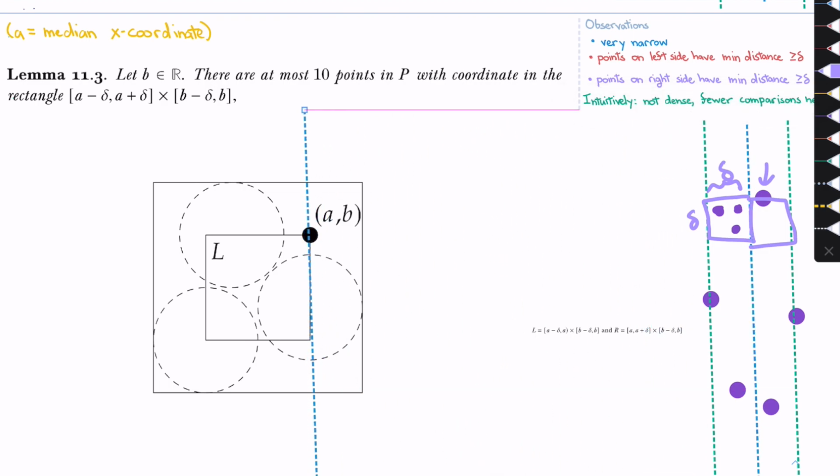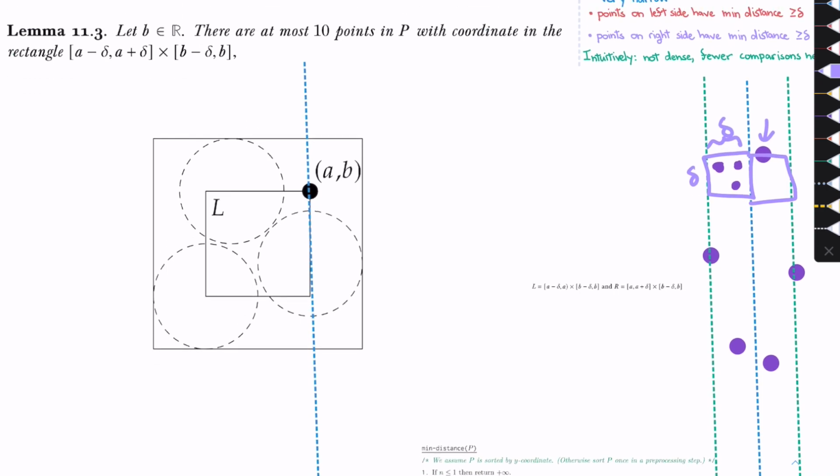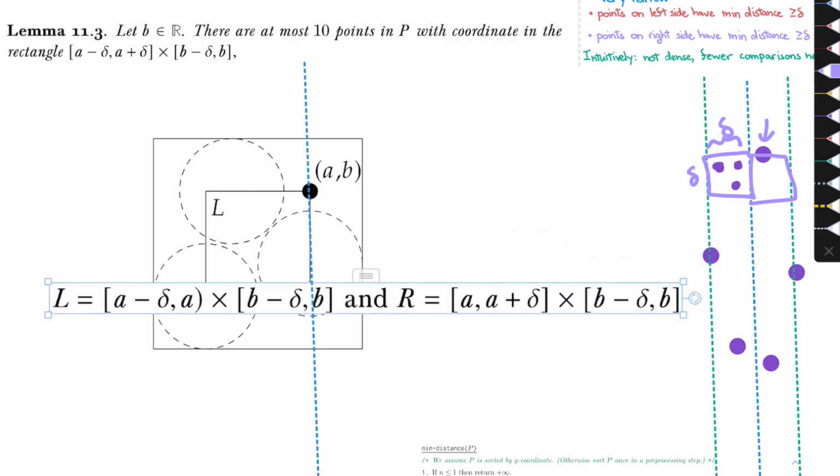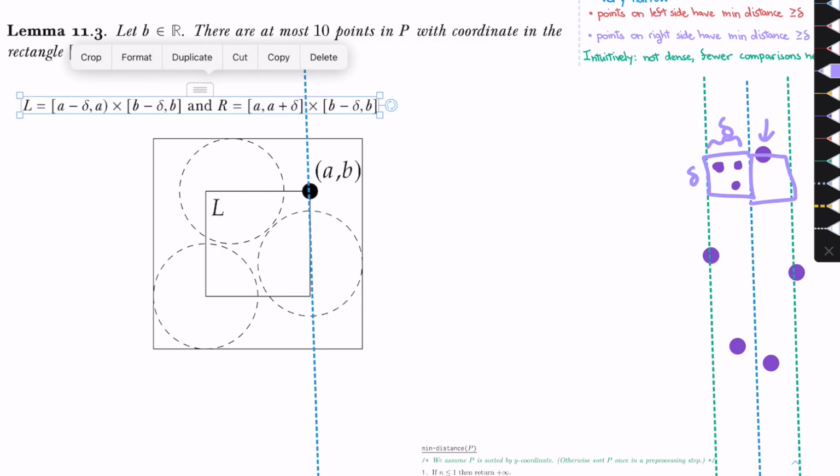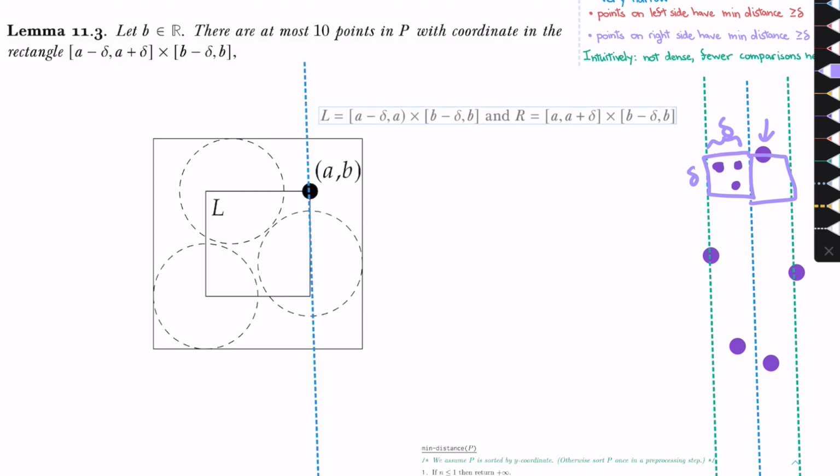So imagine it's something like this. What I want to do in the argument is count the number of points that lie in the square L. L is just that square of height and width delta with top right corner A comma B, where A was that median.